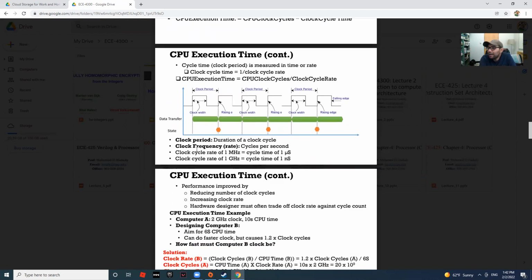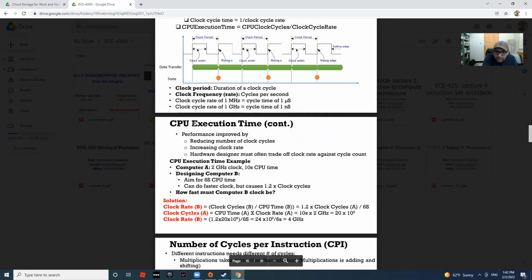So the maximum frequency is in megahertz, kilohertz, gigahertz, or terahertz, whatever. When you flip it, 1 over it, it will be what? Second, nanosecond, picosecond, microsecond, millisecond, or even femtosecond. And femto is actually 10 to the power minus 15, not 10 to the power 10, not 2 to the power minus 10.